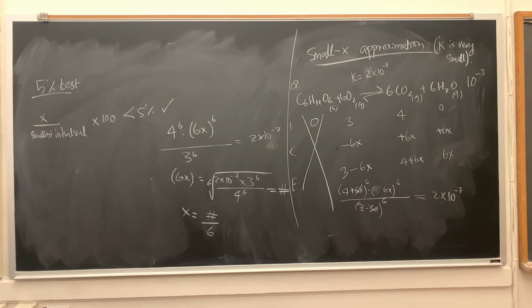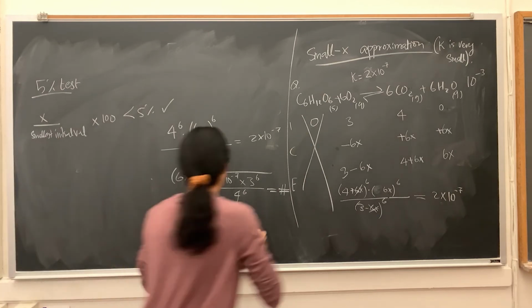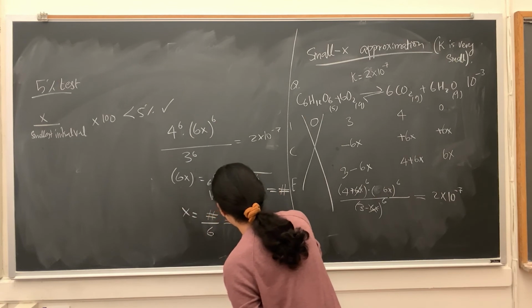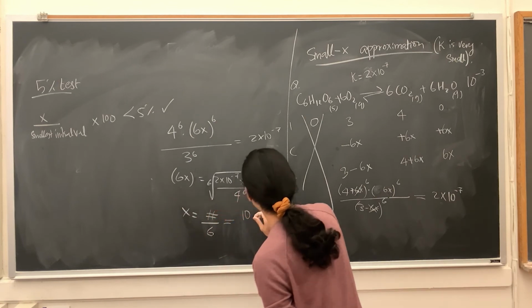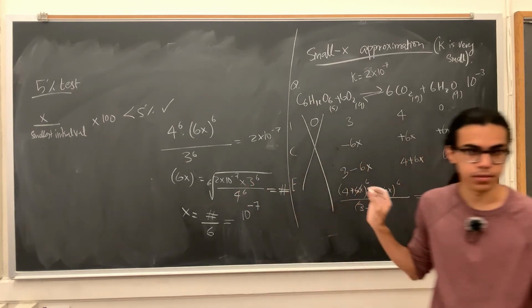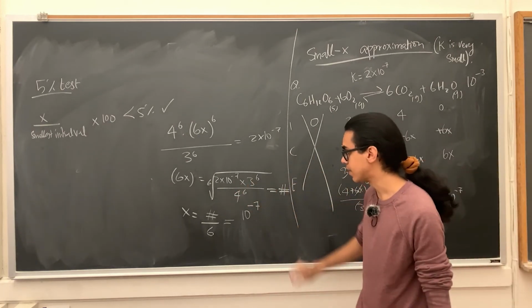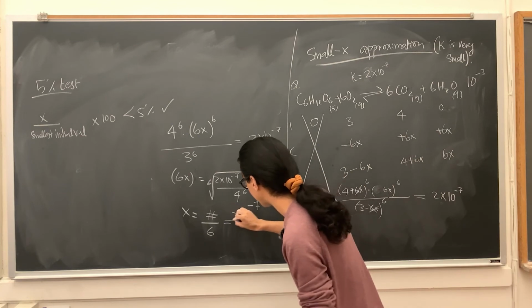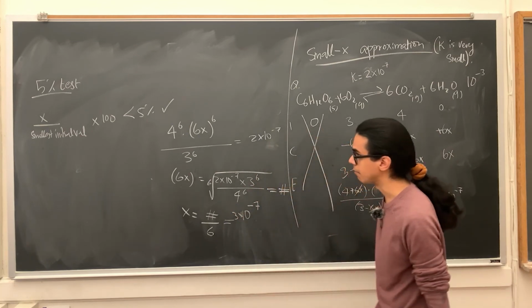Smallest initial value. So pretend that the x that we found here was, I don't know, some number we found. Let's say 3 times 10 to the negative 7. That's the x value we found here.